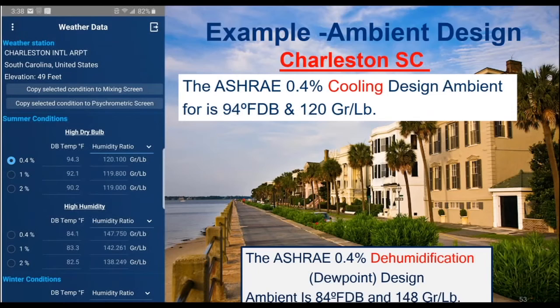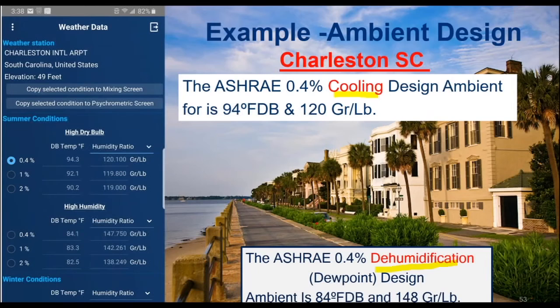So in our next example, we're going to look at the 2 different published conditions, 0.4% cooling and 0.4% dehumidification for a specific example, and let's use Charleston, South Carolina. So going back to our app, we can look up Charleston, South Carolina, and it's going to give us the ASHRAE data for these two conditions.